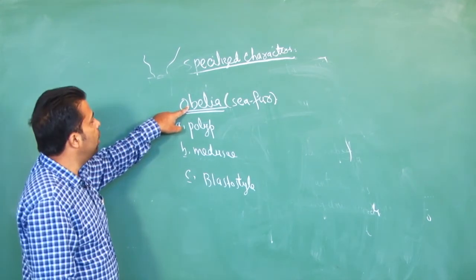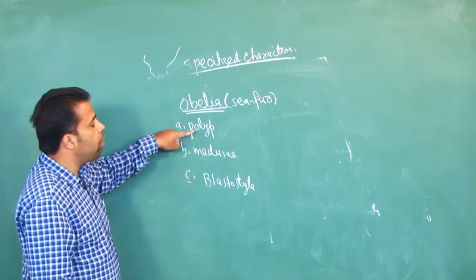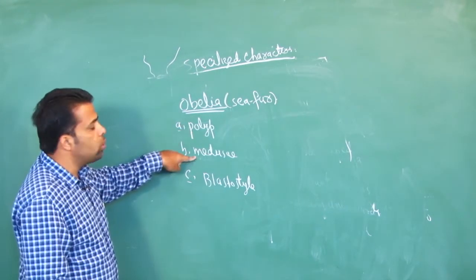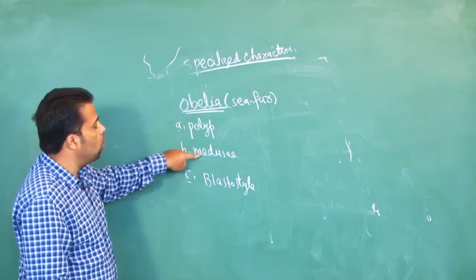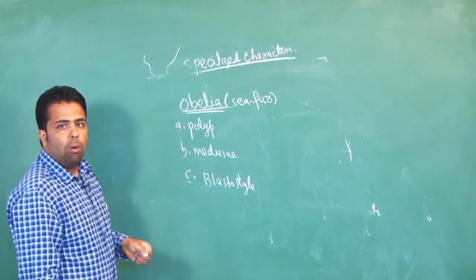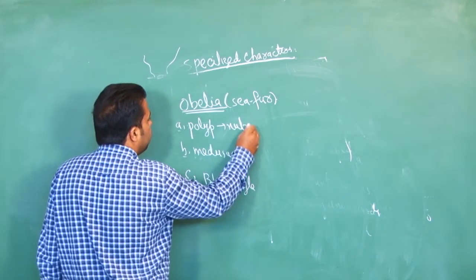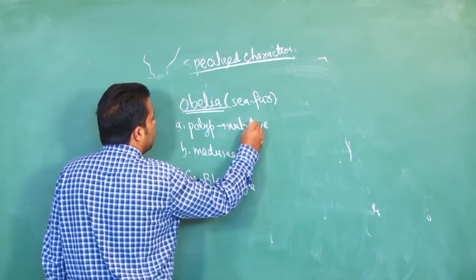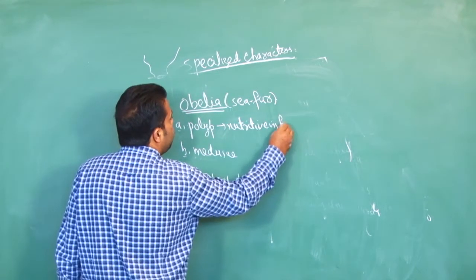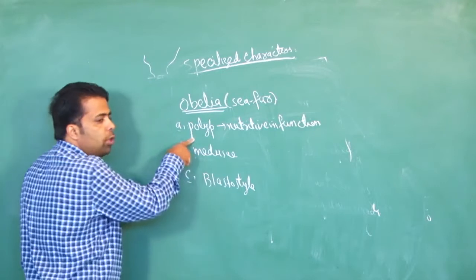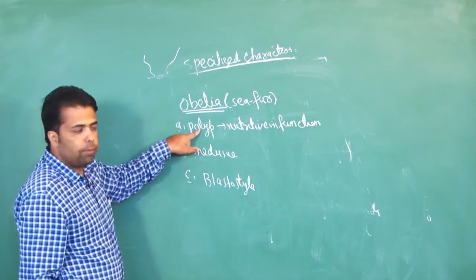It's a colonial cnidarian. What is the function of polyp? Here it is nutritive in function. What is the function of polyp in this colony? It is nutritive in function.